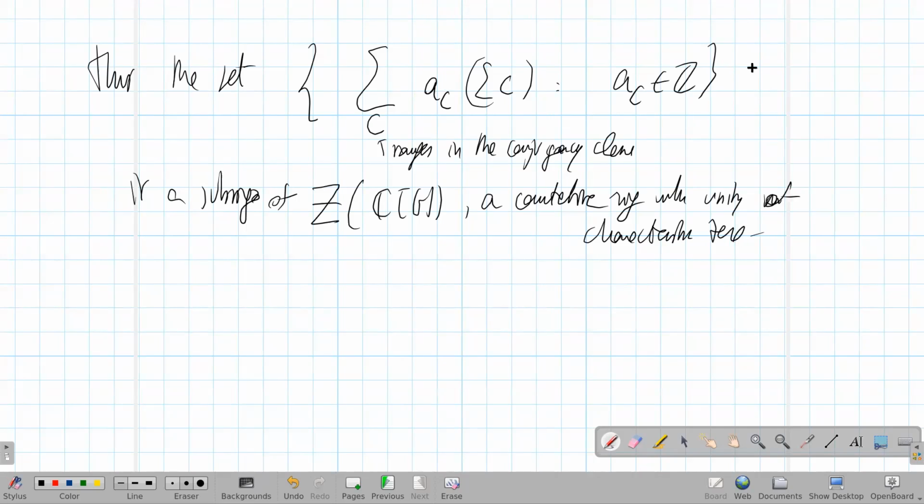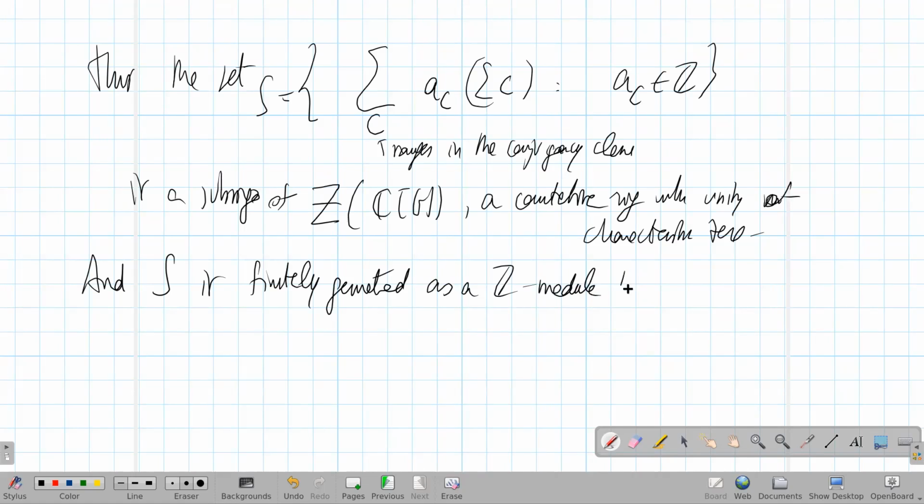And what's important is that this set, which we possibly call S, is the set of linear combinations of the sums of the conjugacy classes with integer coefficients. It's finitely generated as a Z-module by the elements sum over C, because the conjugacy classes of a finite group are of course finite.